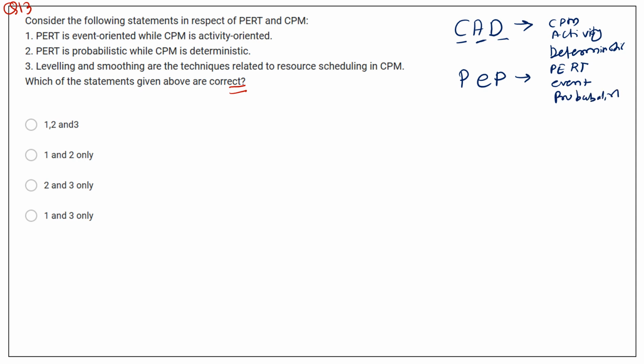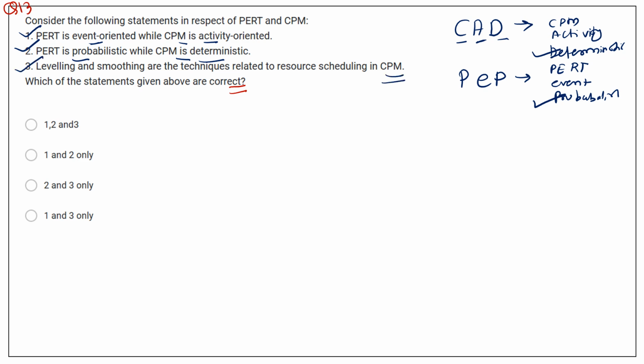Okay, so first, PERT is event oriented, this is correct. Second, CPM is activity oriented, this is also correct. PERT is probabilistic. Second, CPM is deterministic, this is also correct. So first and second are correct. Then leveling and smoothing are the techniques related to resource scheduling in CPM, this is also correct.